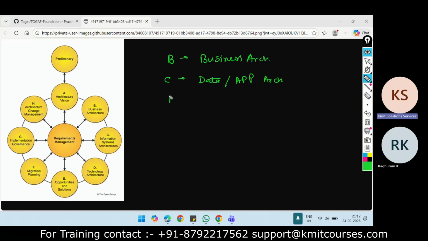And phase D is your technology architecture, where you will decide which technology we need to work with. Okay. So B, C, D are basically to support whatever you are defining in phase A. Phase A you define on the basis of the capability. Capability is nothing but the business goals, business scenarios, on the basis of the requirements, right?